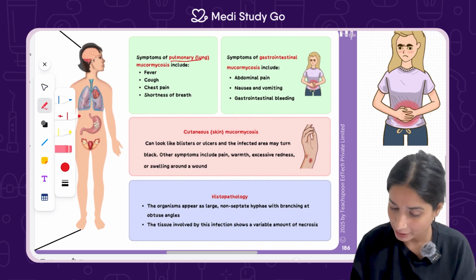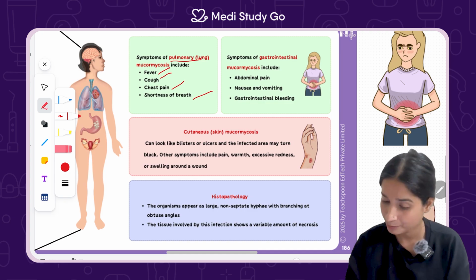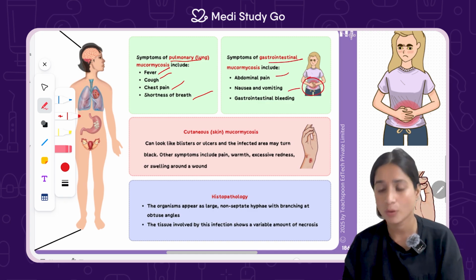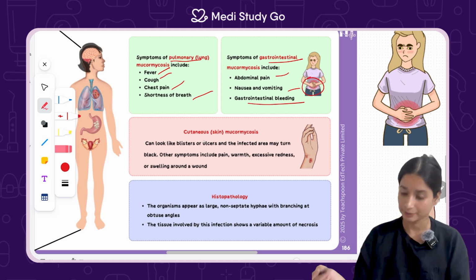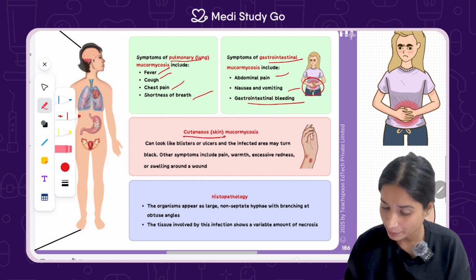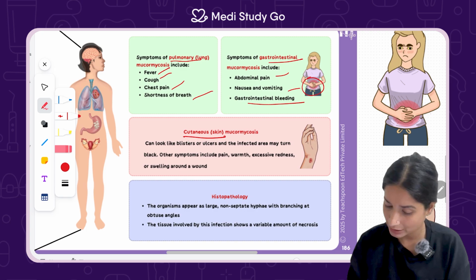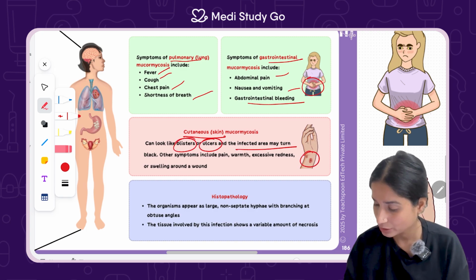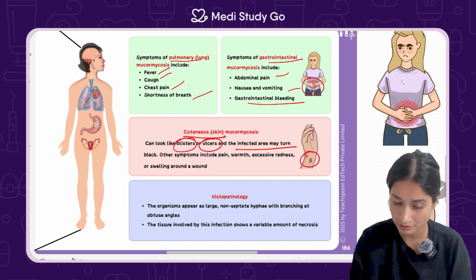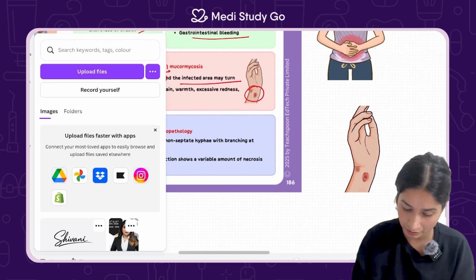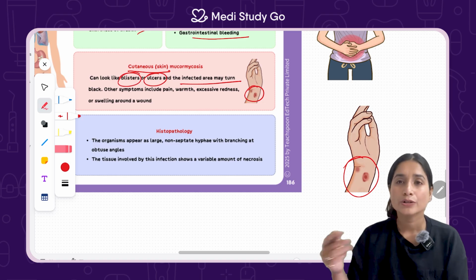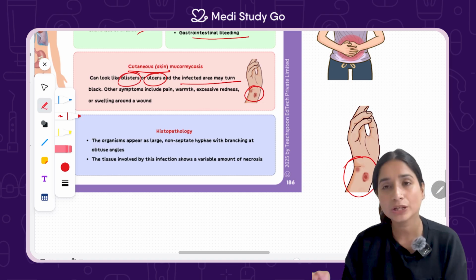Pulmonary mucormycosis: fever, cough, chest pain and shortness of breath. For GIT, there will be abdominal pain, nausea, vomiting and gastrointestinal bleeding. For cutaneous mucormycosis, which is skin related, you will see blisters and ulcers in the infected area. You can appreciate the blisters in this diagrammatic representation.